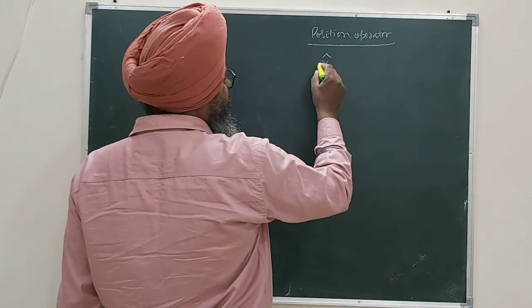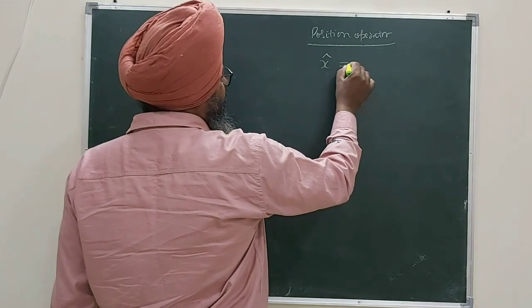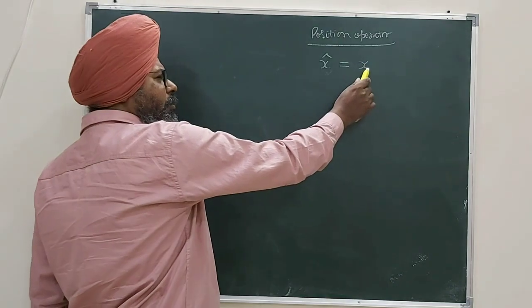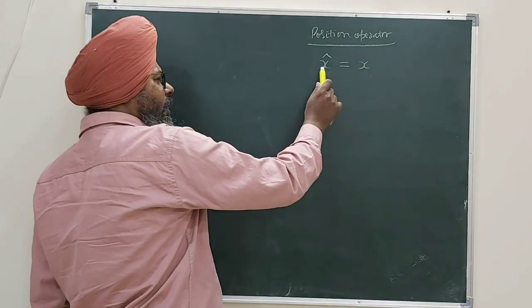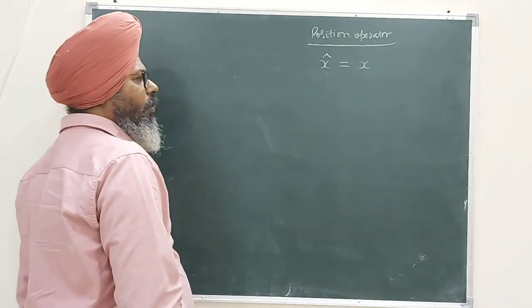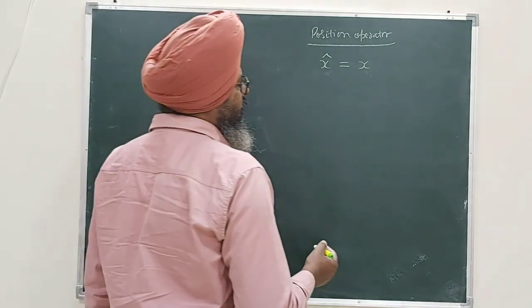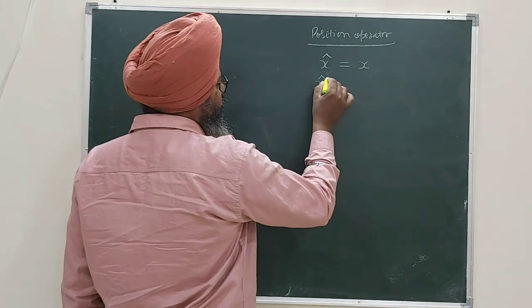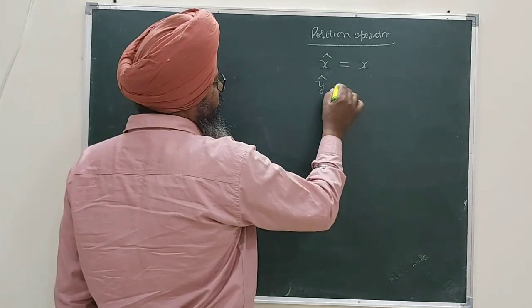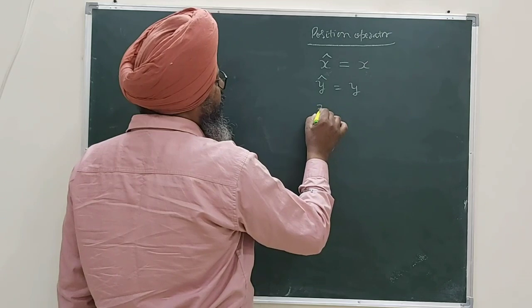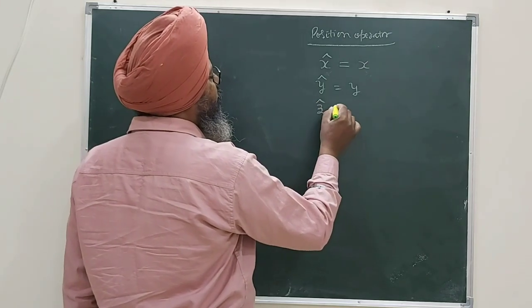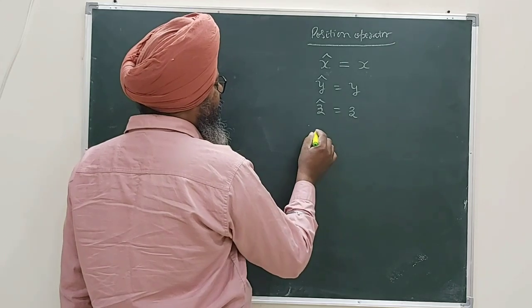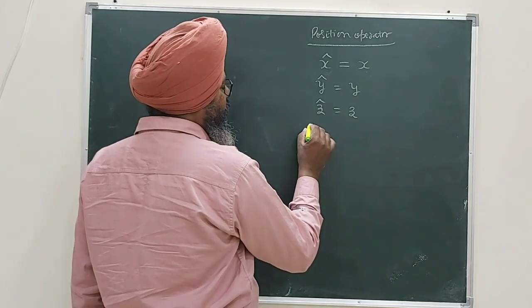Then that operator is written as x cap, and x cap is x itself, where x is the position coordinate along the x axis. Similarly, the operator for the y coordinate of the position will be y itself, and for the z coordinate it will be z itself.